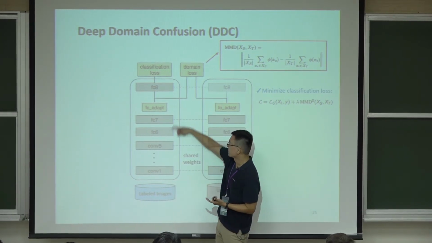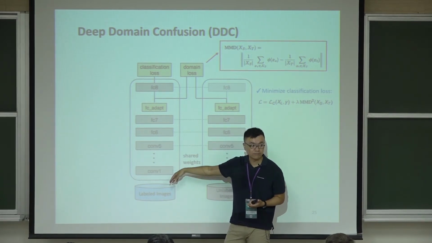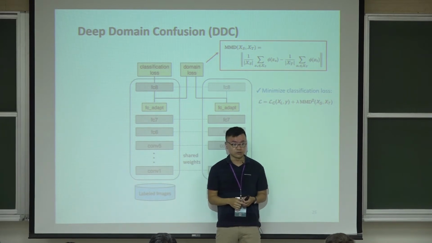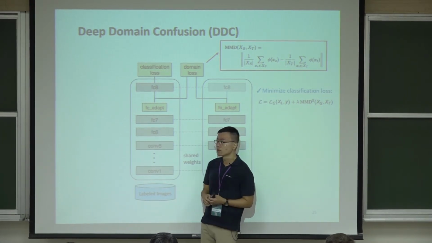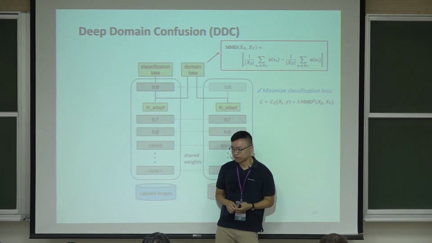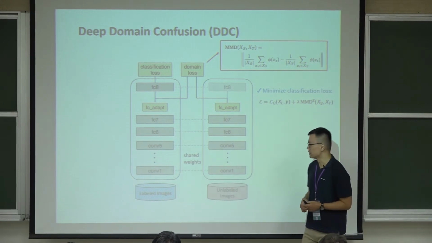So the first few layers extract the features, and the last layer does classification, right? What about if I present you a sufficient amount of unlabeled target domain data? What about now?